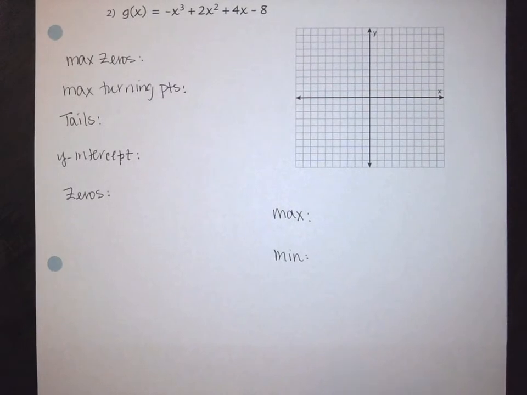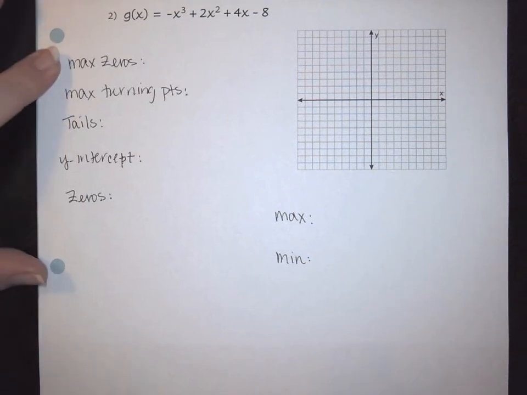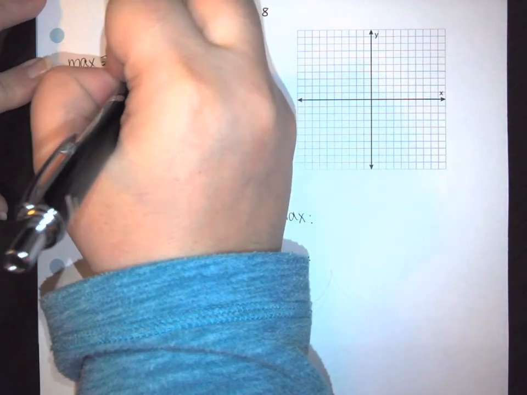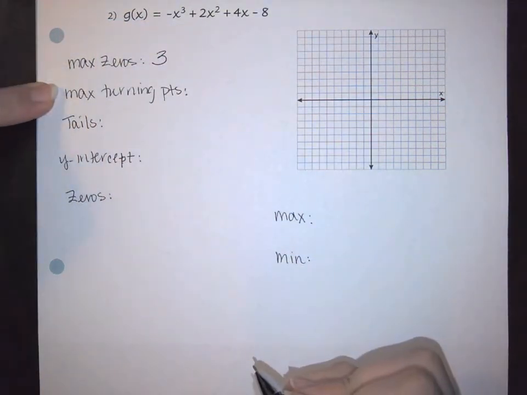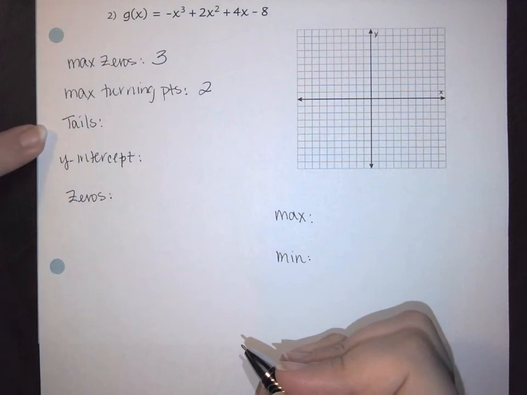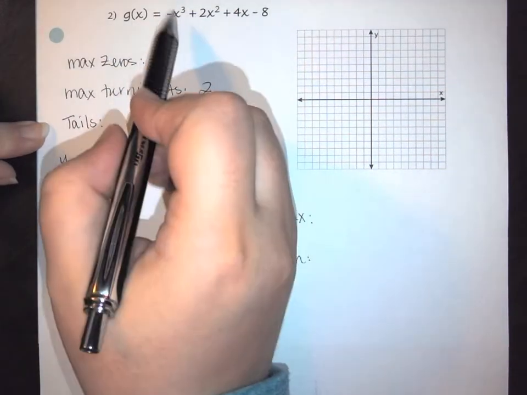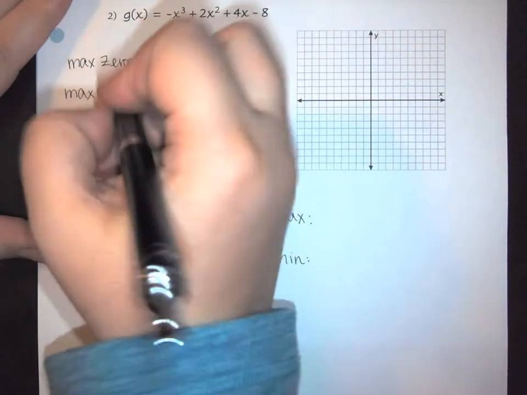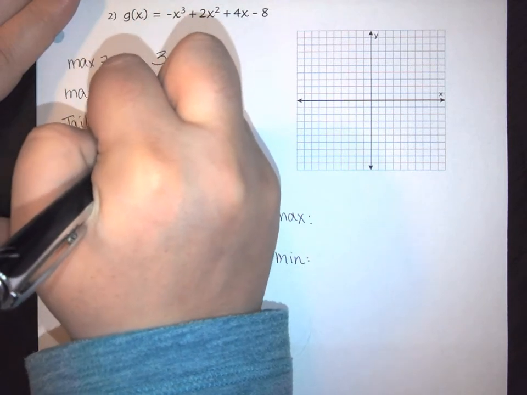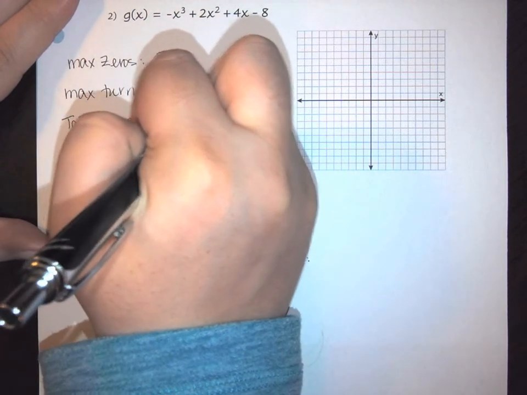So let's fill in what we can before using the calculator. So first and foremost, the maximum number of zeros I have is the highest degree, so this would be 3. Turning points would be subtract 1, so this is 2. My tails here are going to be negative. My degree is odd, so this is going to be negative and opposite.